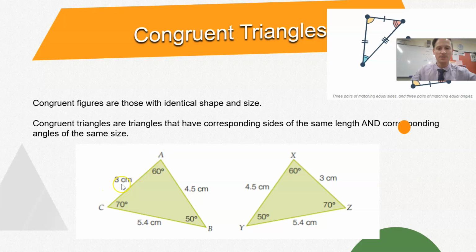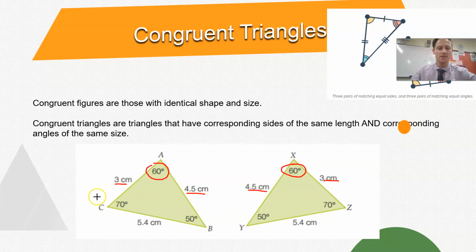Side AC has 3 centimeters, side XZ has 3 centimeters as well. And if we look at the angle between those 2 side lengths, so if I look at 4.5 and 3, 4.5 and 3, what's the angle in between that? That's that 60-degree angle there. So in between, that angle is a 60-degree angle there.